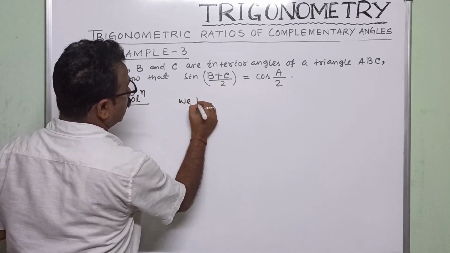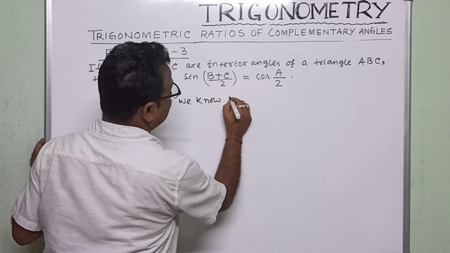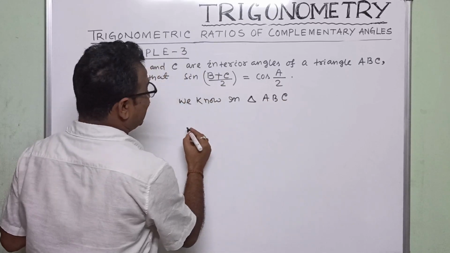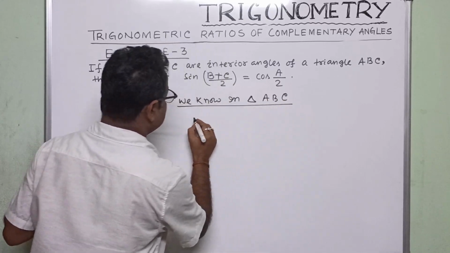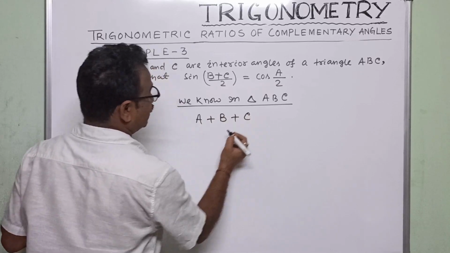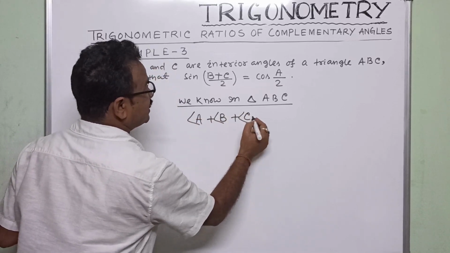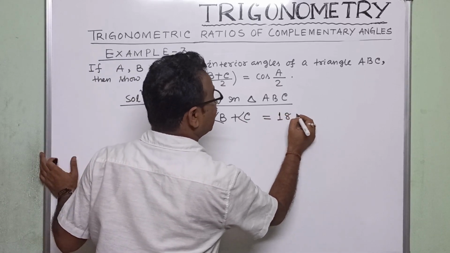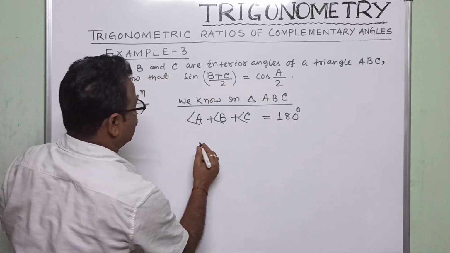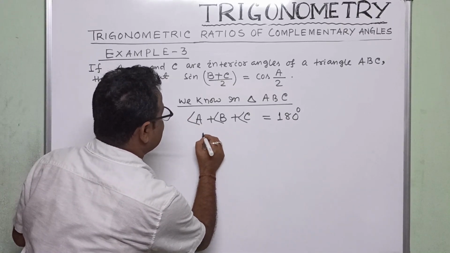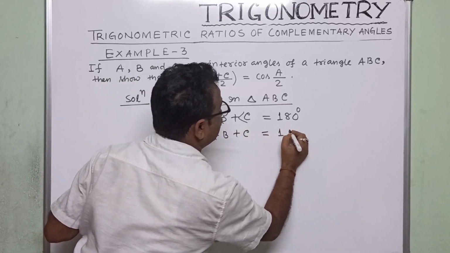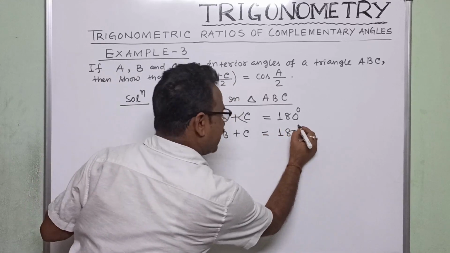We know in triangle ABC, I am not writing the angle sign, angle A plus angle B plus angle C is equal to 180 degree. Now just omitting the angle sign, I can write here A plus B plus C is equal to 180 degree.